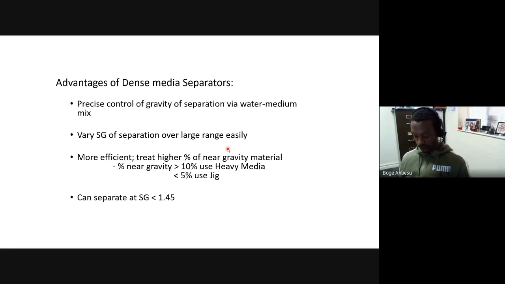And typically they can also handle near gravity material. So again, there are cases where jigs are really useful, especially if you're not really worried about the quality of the product you're making, then jigs can work really well. But if you really want to maintain a high grade product, then maybe you can consider something like a dense media separator.